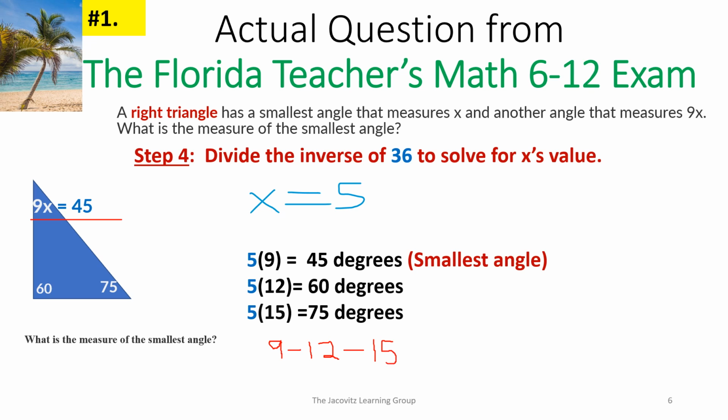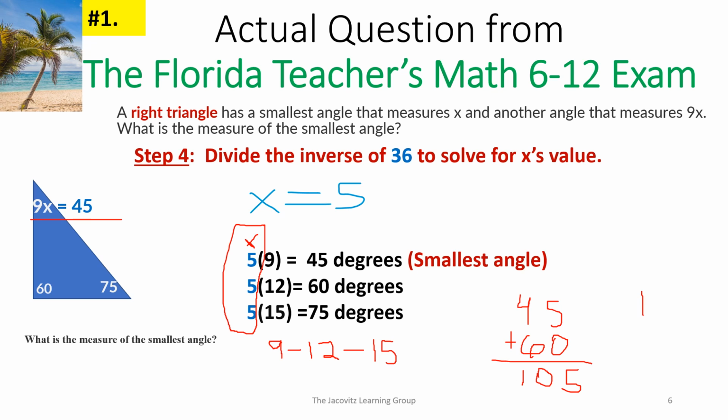Okay, and all we did was we just put the x value here for each one of them and multiplied it out. That's your x value times each one of the originals. Now what we have to do is see if that adds up. So 45 plus 60 is going to give me 105.